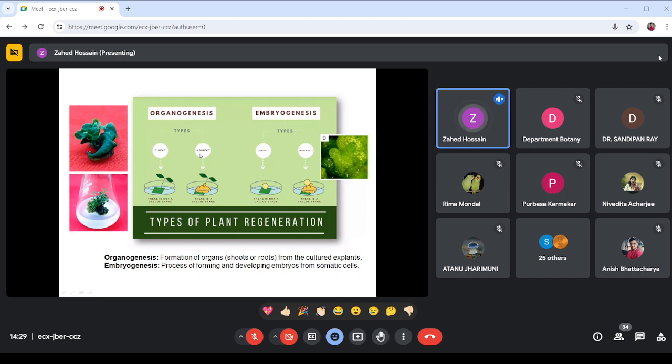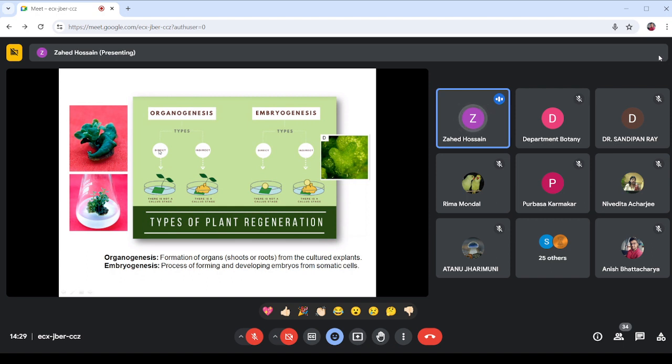When we say direct, that means when the organ develops directly from the explant without going through the callus phase. But here you can find callus is first formed from this explant, and from this callus the shoot bud is raised. So this would be called direct, this would be called indirect. The photograph on the left hand side, here you can find the shoot buds directly regenerated from the explant.